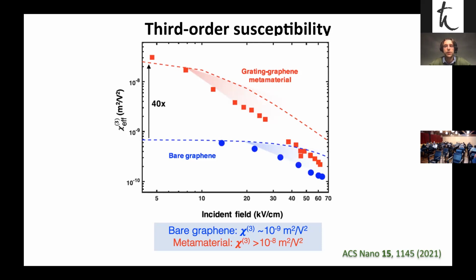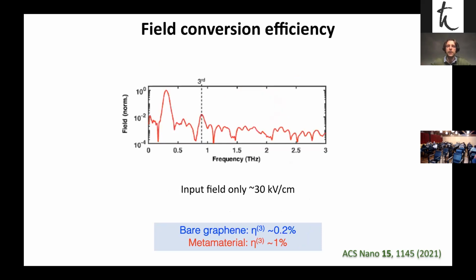And this also tells you that the amount of third harmonic power is enhanced by the square of this, so by more than 3 orders of magnitude. So that's a very strong amount of harmonic that we're generating thanks to this grating metamaterial.